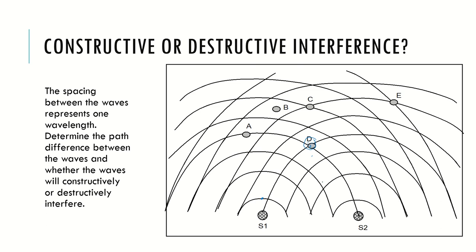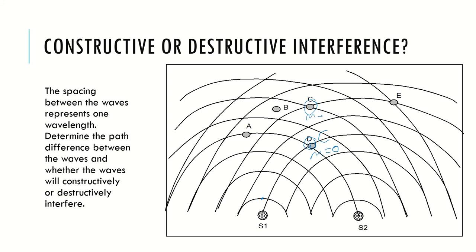So again, here, it's going to have a path difference of 0. So the path difference here will be 0, which means it's going to result in constructive interference. At point C, it's also going to have a path difference of 0, because it's 1, 2, 3, 4, 5, 6 wavelengths, and 1, 2, 3, 4, 5, 6 wavelengths.